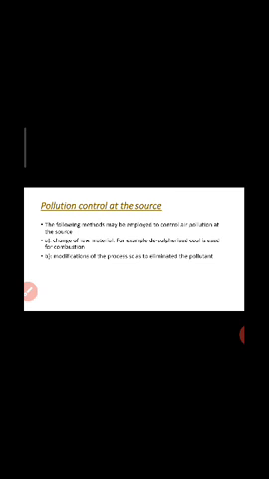That's why we have to change the raw material. Wherever we use sources that release carbon dioxide and carbon monoxide, which cause air pollution, we should detect and control them. Then we can control or minimize the air pollution.